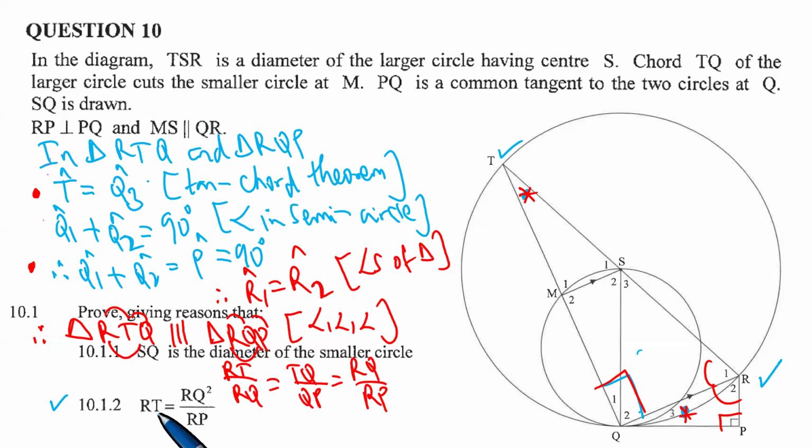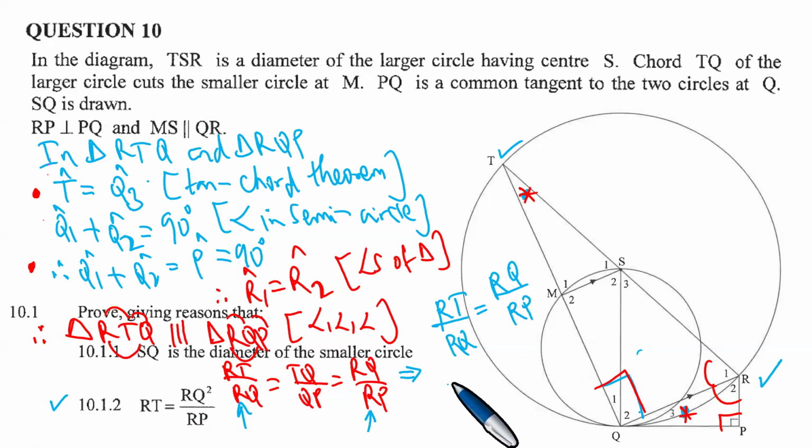According to this one, you need an RT, so you're going to take this one. And also you need an RQ, you're going to take this one. Meaning you're going to take RT over RQ, equals RQ over RP.